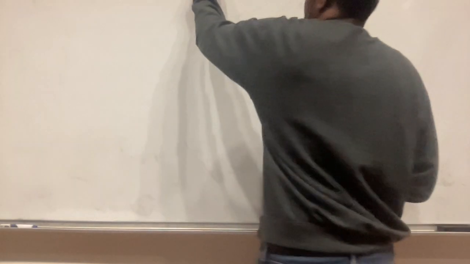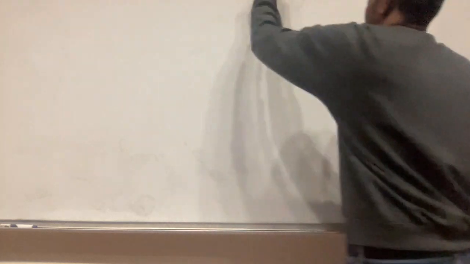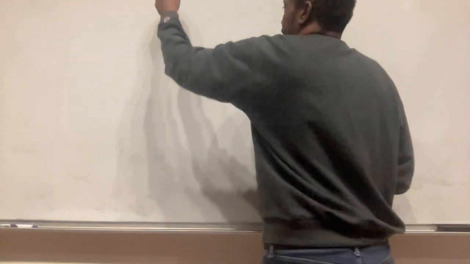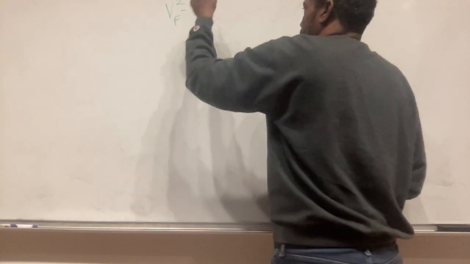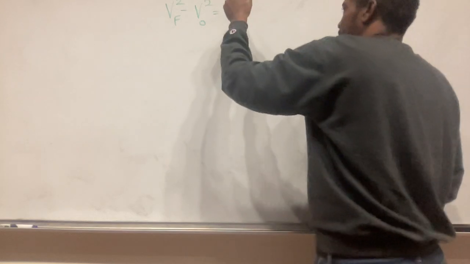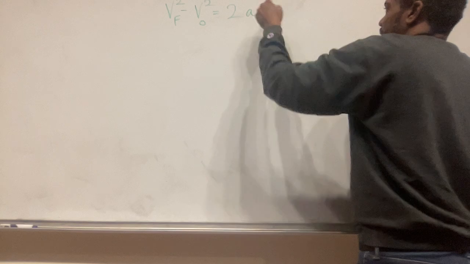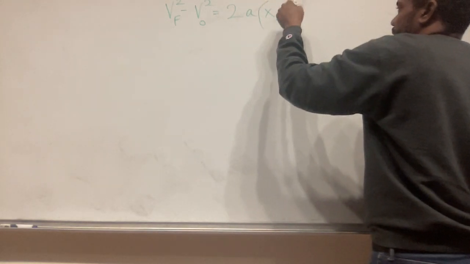This is called the golden rule, for Newtonian mechanics. And the golden rule says that the final speed of an object squared minus the initial speed of an object squared equals 2 times the acceleration of that object times the distance it covers. That's mechanics.